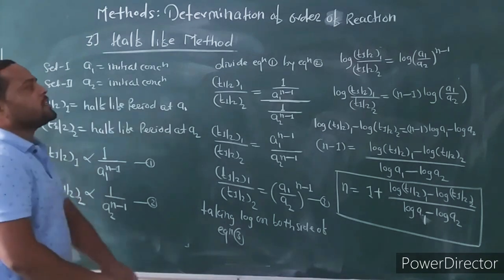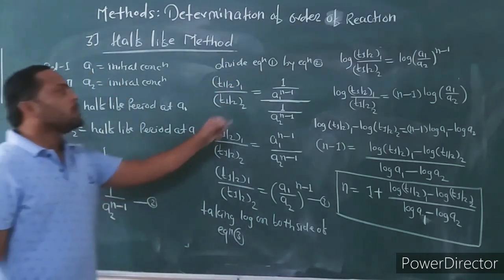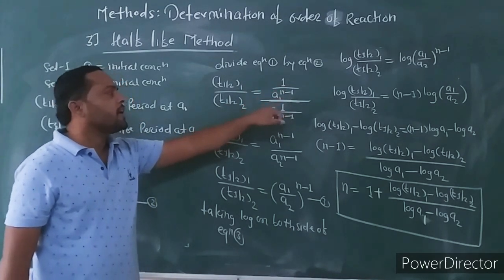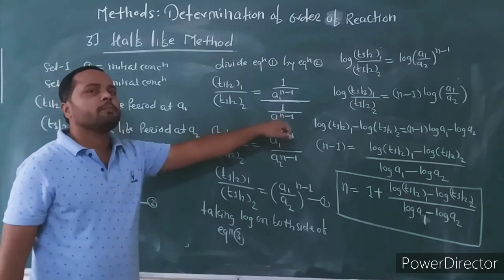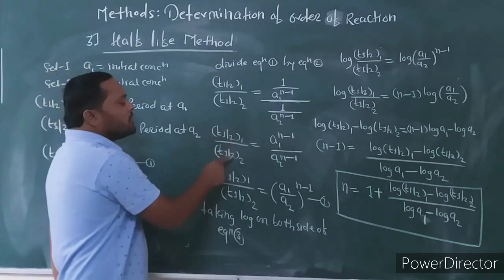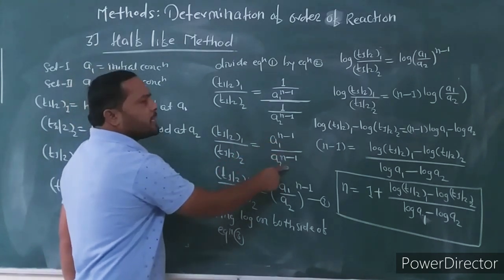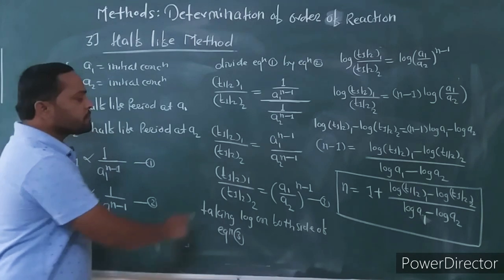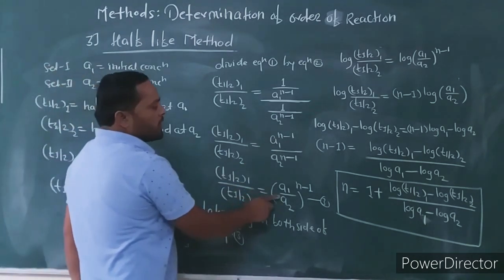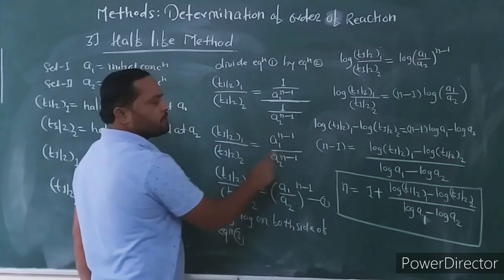Then we divide equation 1 by 2: T half 1 divided by T half 2 is equal to (1 upon A1 to the n minus 1) divided by (1 upon A2 raised to n minus 1). Rearranging, T half 1 divided by T half 2 is equal to A1 to the n minus 1 divided by A2 to the n minus 1, which we can write as (A1 divided by A2) raised to n minus 1.